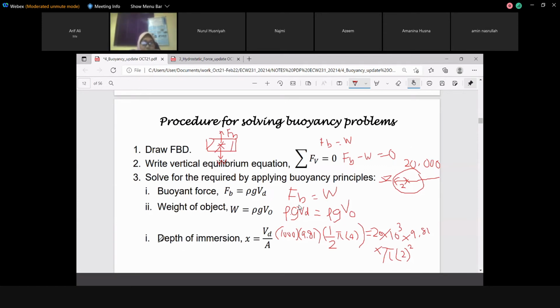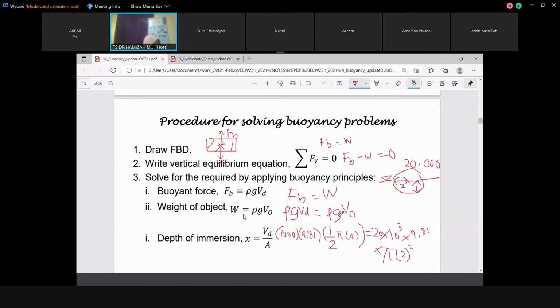Okay, and then we can also measure the depth of immersion here using this formula, which is volume displaced divided by the area. Wait, I have a small error. Here I calculated the area. What is the formula to find the volume of a circle? Sorry, there is a small mistake. It is not volume.